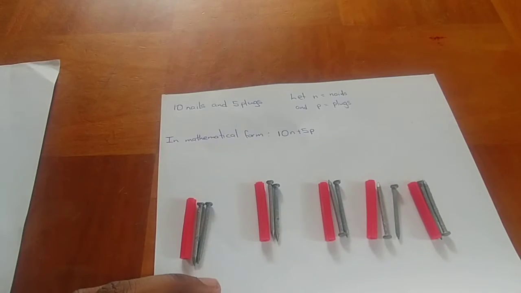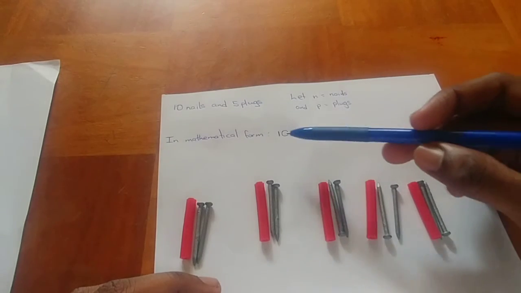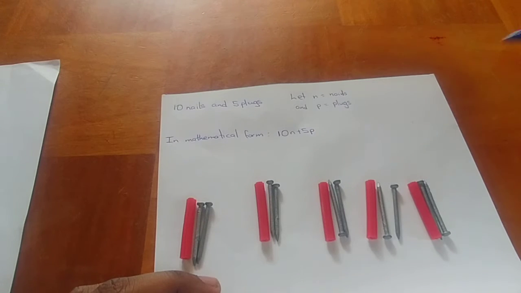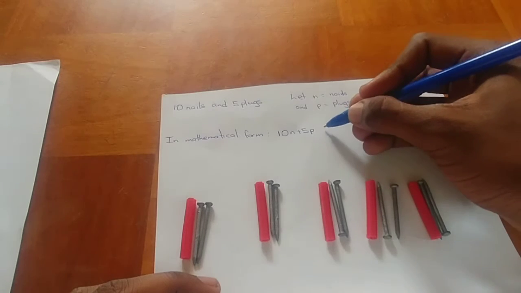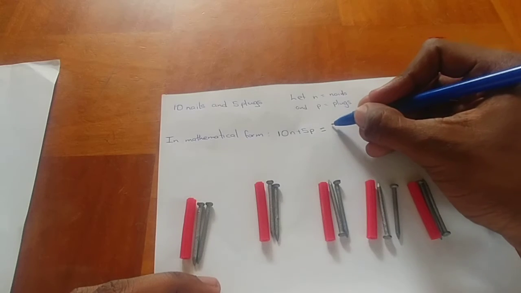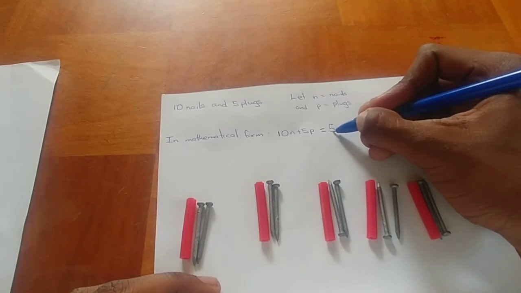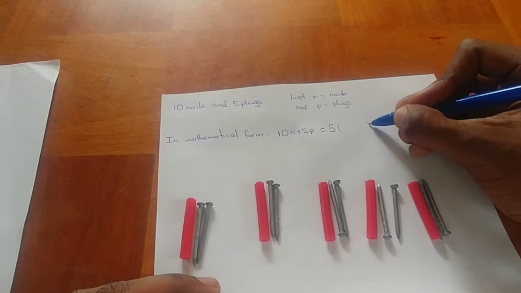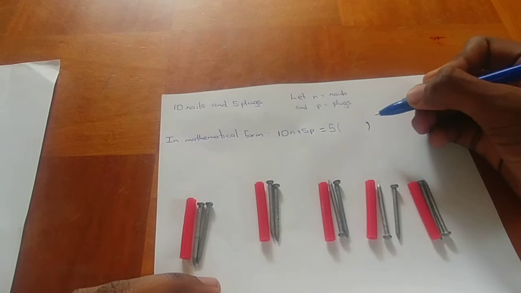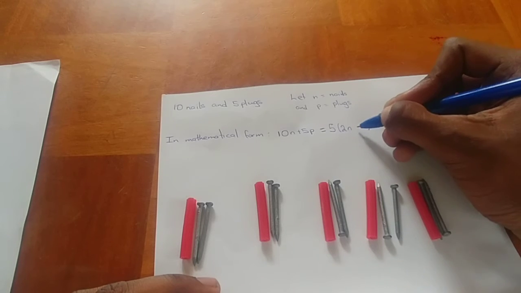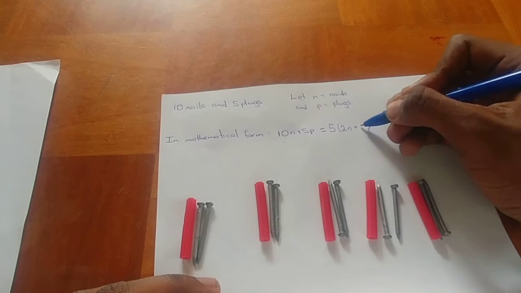So originally we just had the 10 nails and the 5 plugs, just like that. But now, after we have grouped it, we realize that we have 5 groups that we'll package soon, and each group contains 2 nails and 1 plug.